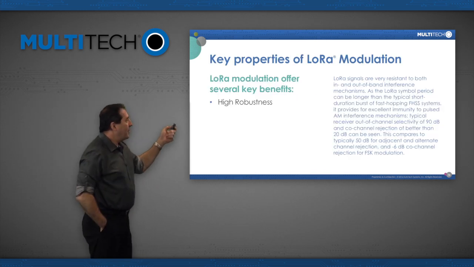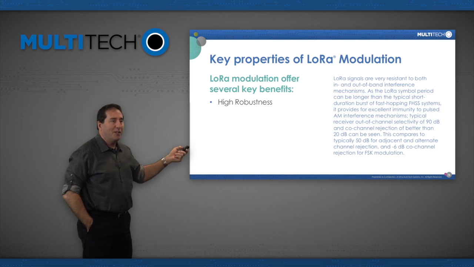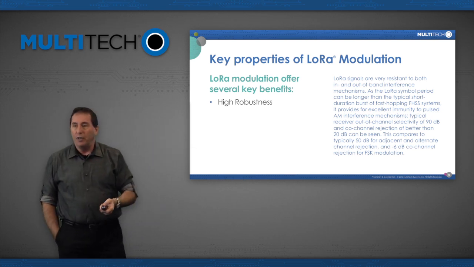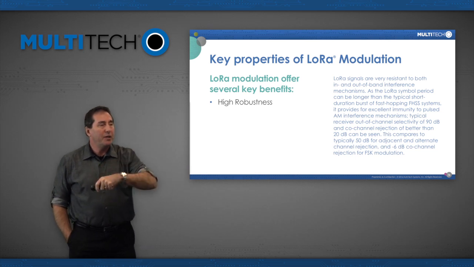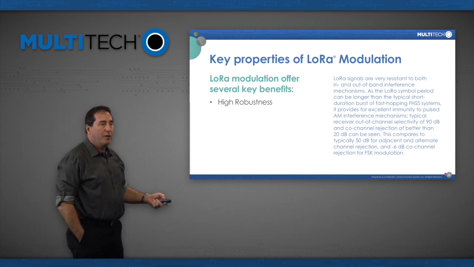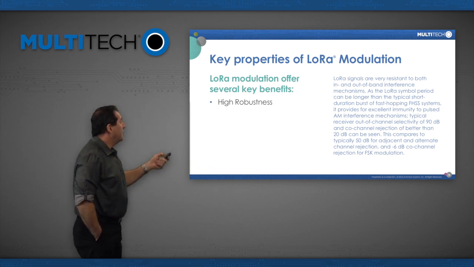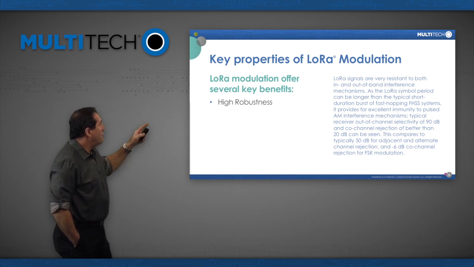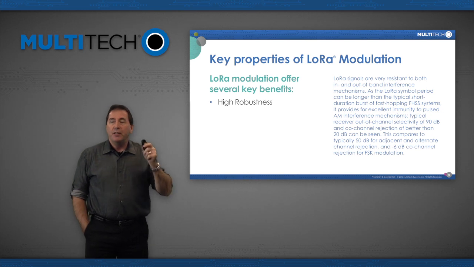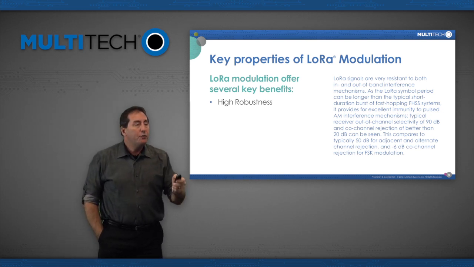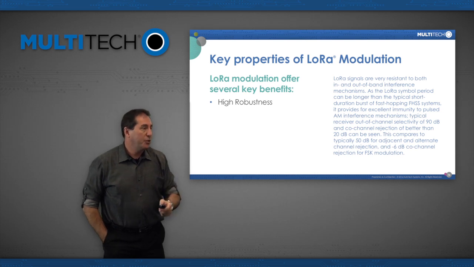So this one, you're going to have to either read it or keep up with me. There are several key properties of LoRa that you're going to see that are highly competitive with other sorts of LPWAN technologies and other technologies. High robustness. I'm not going to read all that, but basically it's very resistant to interference from other sources.